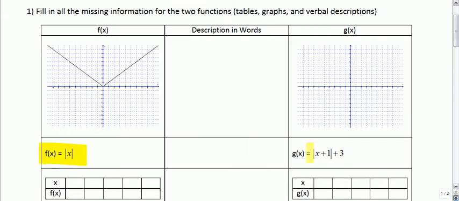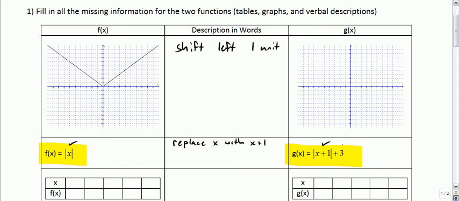So here and here, I notice that instead of just x, I have x plus 1. So replace x with x plus 1. And I know that description-wise, that is a shift left 1 unit.